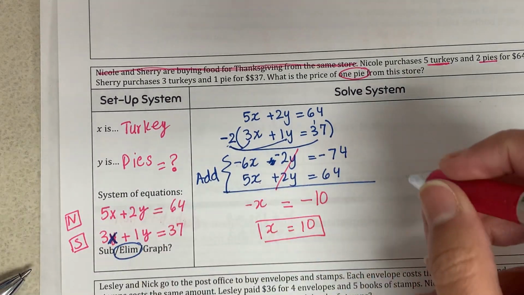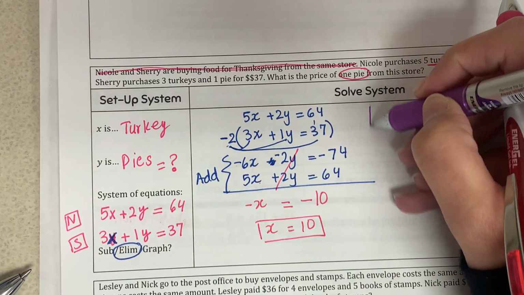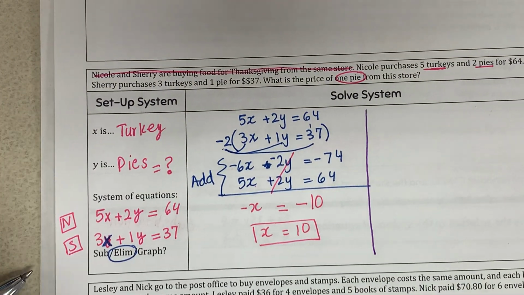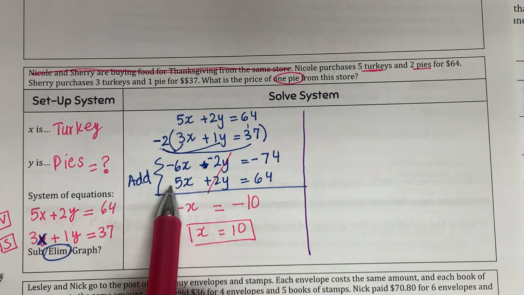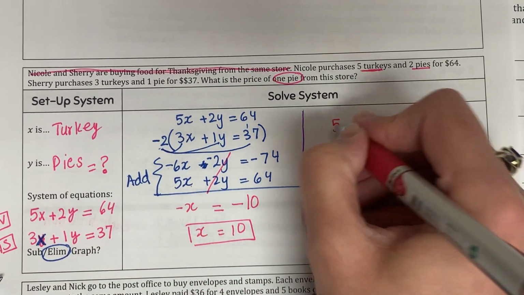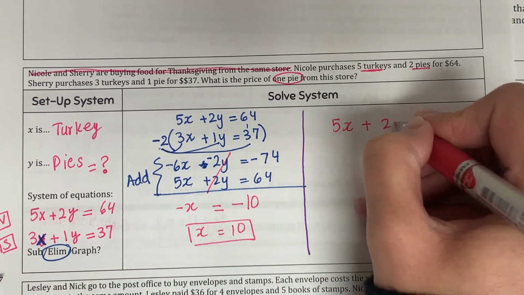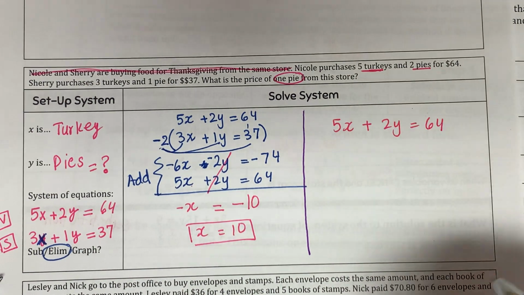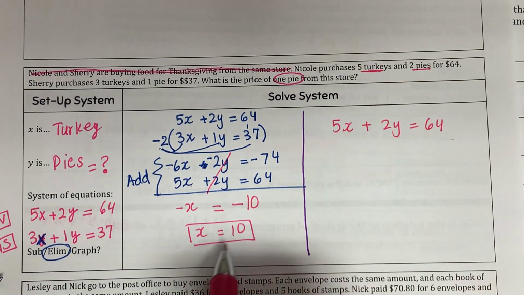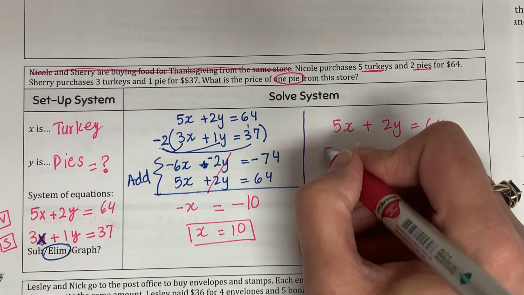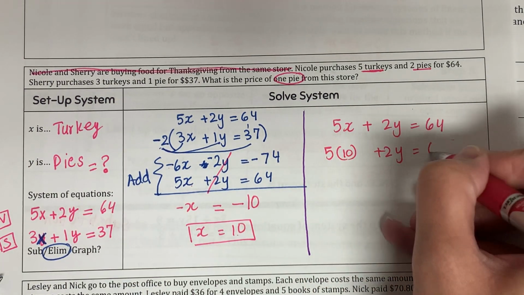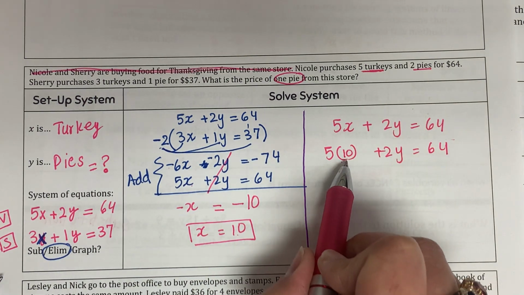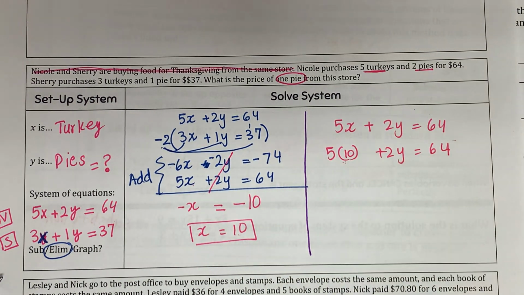I need the y value, not the x. So I have to do the steps one more time. I'm going to plug it in. I like to take my positive equations, so I'm going to use the first equation and plug in the x value. 5 times (10) plus 2y equals 64. No matter what my value is, I always plug in using parentheses.